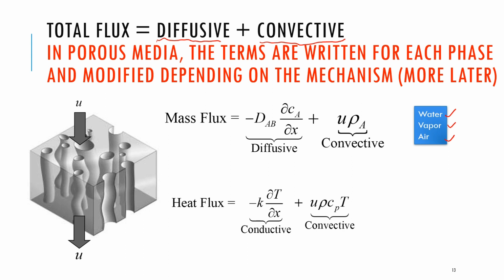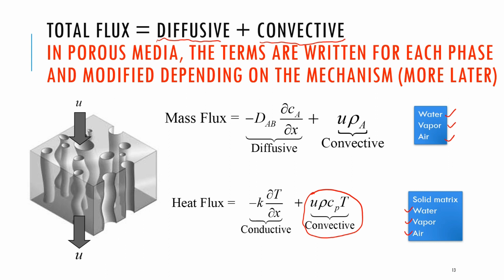Likewise, the heat flux is going to have, for the convection part, water, vapor, air. And for the conduction part, we're going to have conductive heat fluxes in all four.